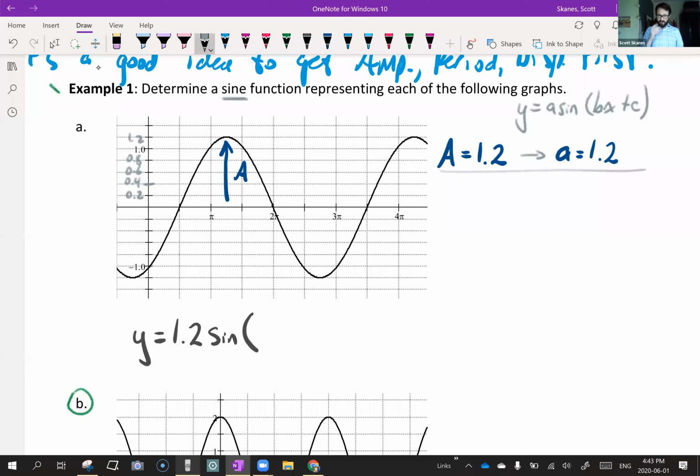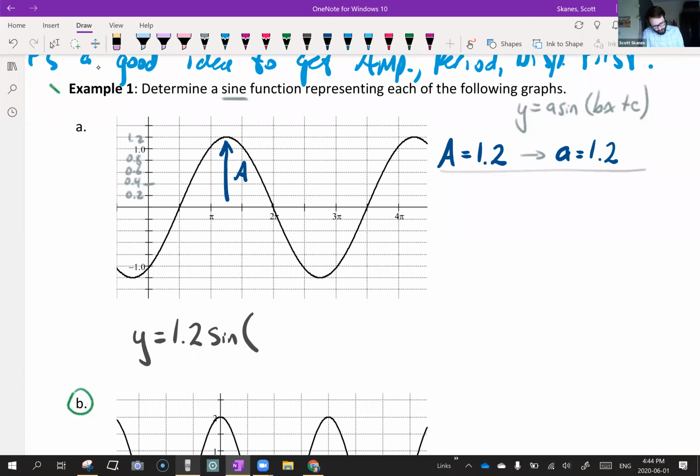Period is a little bit extra work. Does anyone know what the period is just by looking at this? Remember, the period is the distance between any 2 points of the same height. So you're saying 2. Period is definitely not 2. And the period is actually not 2 pi either. I have a feeling maybe what you're looking at is this, and you're comparing it to here, but that doesn't really work. Let me show you why.